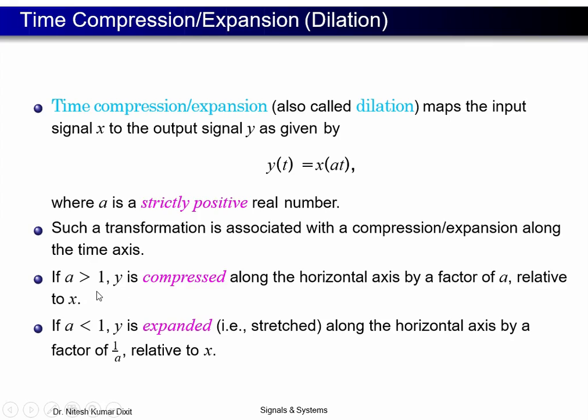If the value of a is greater than 1, then the output signal y is compressed along the horizontal axis by the factor of a. If the value of a is less than 1, y is expanded along the horizontal axis by the factor of 1 by a.